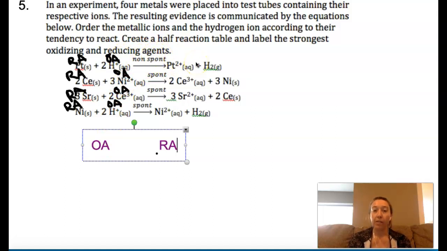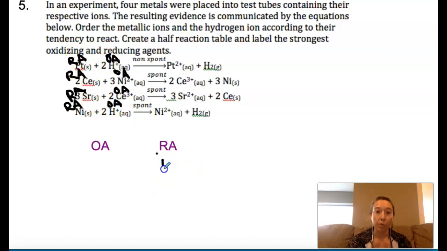The fact that it is non-spontaneous means that my RA is above my OA. So we know from this, if we want to start placing some of these into this little OA-RA table, that Pt solid, which we said was an RA, has to be higher in the table than that hydrogen ion was, right? So that we have the non-spontaneous combo of OA down here, RA up here.